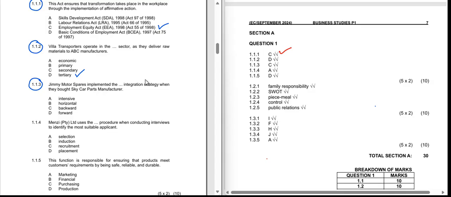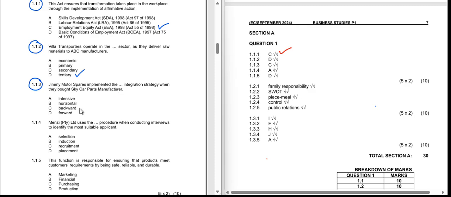So they are going to buy a company which is a car parts manufacturer, which means this company used to provide them, or it provides them with motor spares. So when you buy a company that is providing you with something, that is backward integration. That is backward integration. That's why the answer is C here.